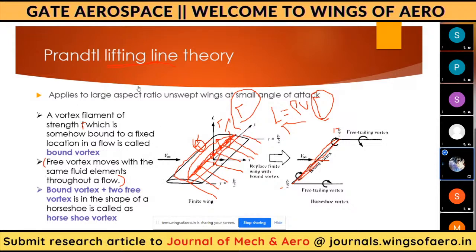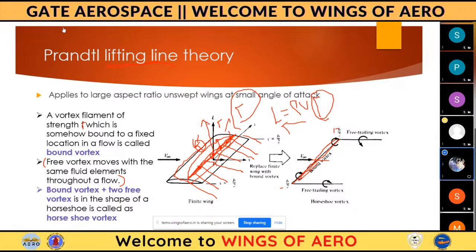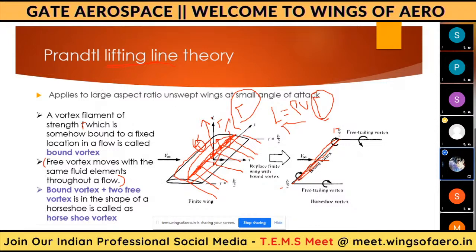In that lifting line, each one has its own lift. All together we see it as a lift distributed over the particular line. So lift distributed over the particular line is called lifting line, and the theory is called lifting line theory.